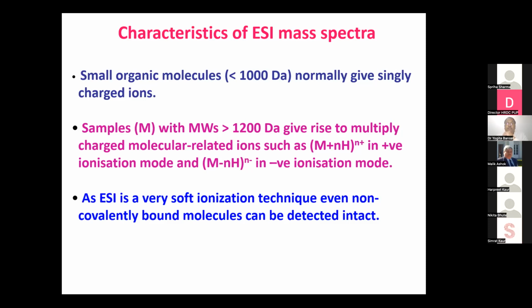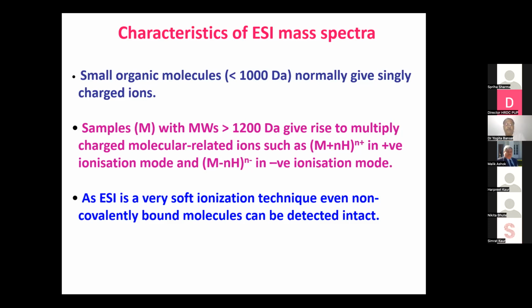Molecules with a mass of less than 1000 Dalton normally give singly charged ions. But those with higher molecular mass give multiply charged ions, for example proteins and high molecular weight carbohydrates.